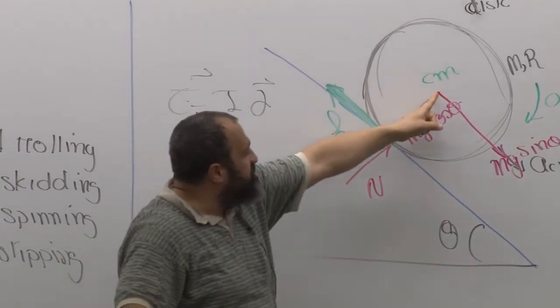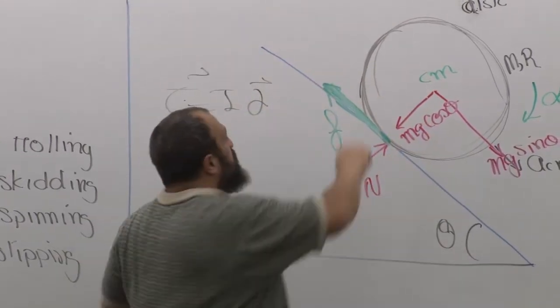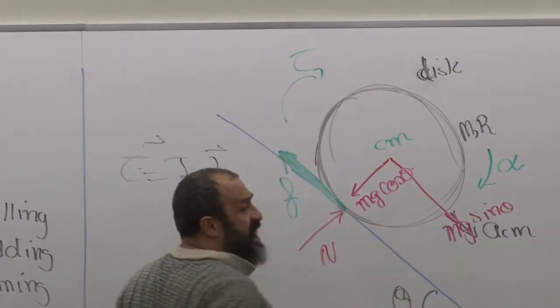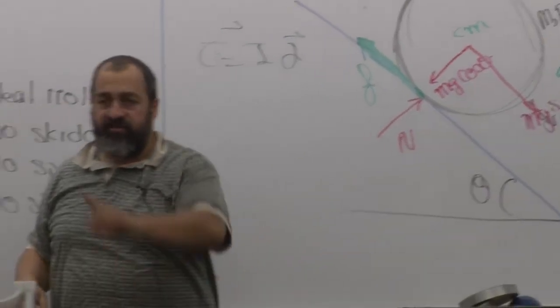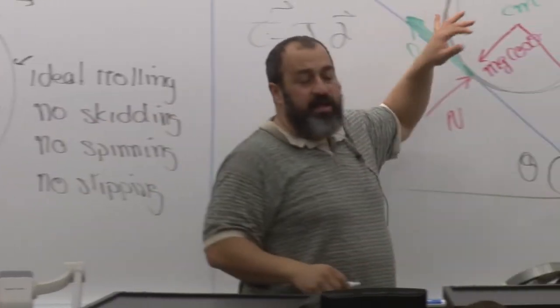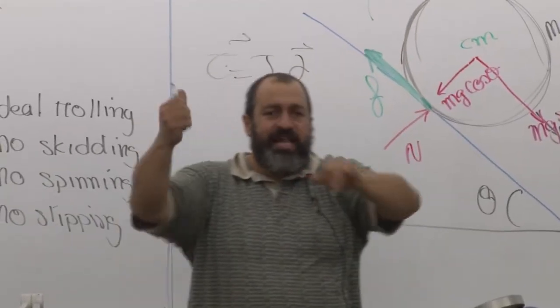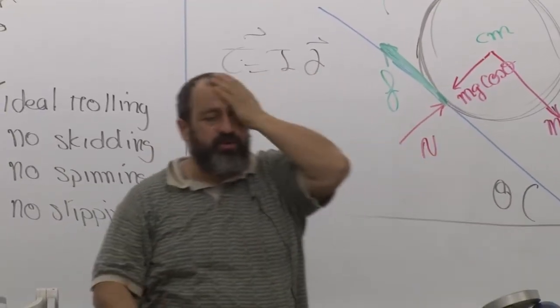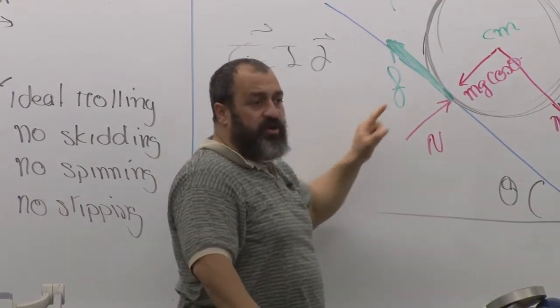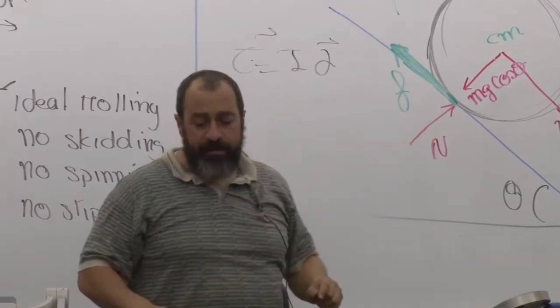You go from the center to the force and see which way it twists you. The torque from this is this way. That is tau, and that is parallel to alpha, so it has to be in that direction. So the force of friction must be acting up to cause this thing to roll. Now we know that the force of friction is up.